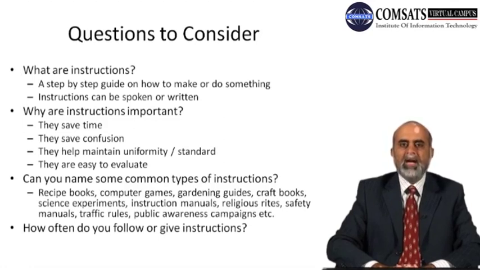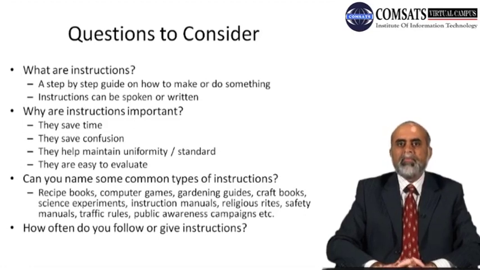Similarly, you have gardening guides if you want to plant a tree or flowers or vegetables. You find books in which detailed step-by-step guidelines are given for planting. You have craft books for learning art and craft. For example, you might have heard about origami, which is an art of making things from paper.